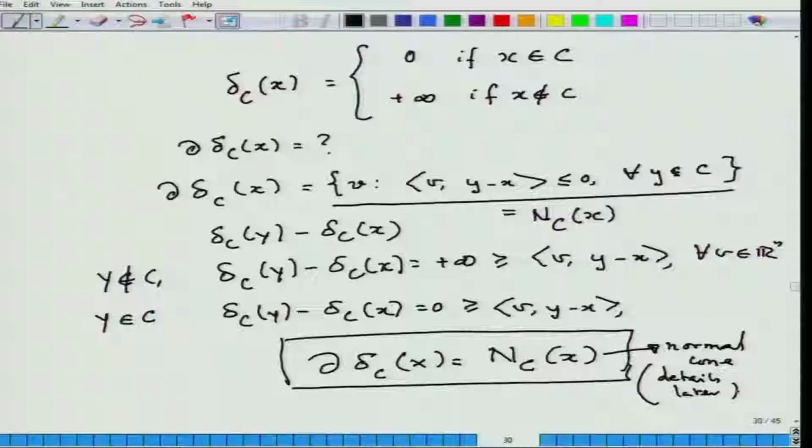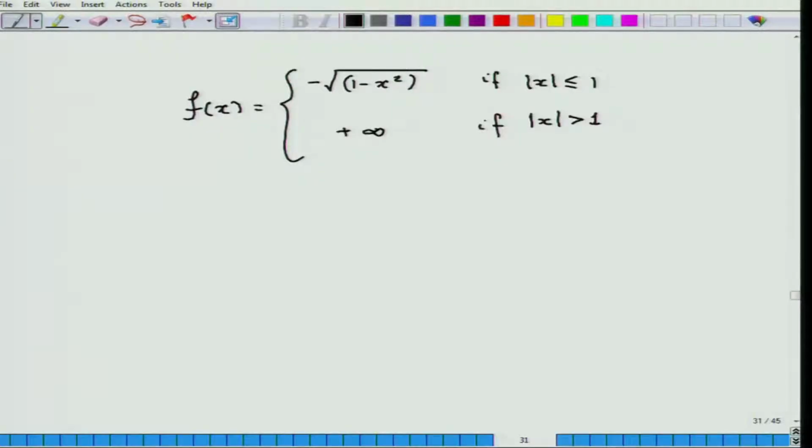That is the example that we will show. Now, let us look at this function: f(x) is minus the square root of 1 minus x square when x is lying between minus 1 and plus 1. So, x is obviously in R in this case, and it is plus infinity if it is outside.